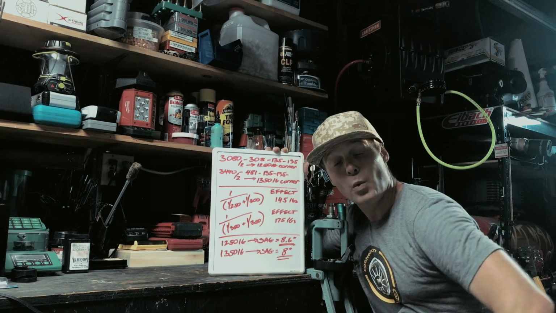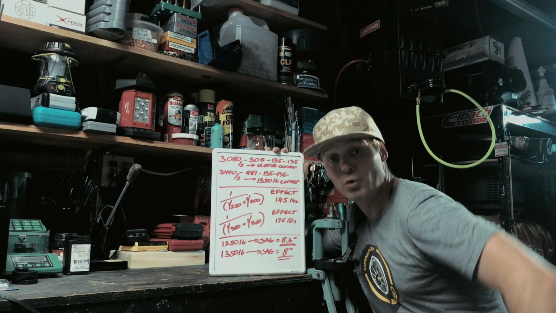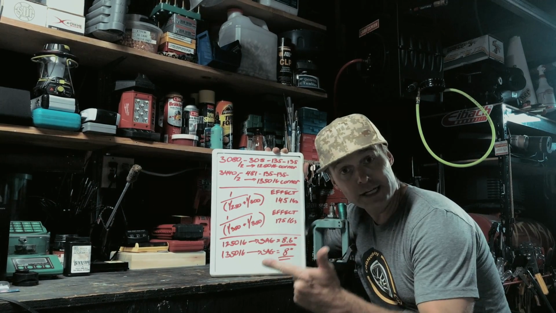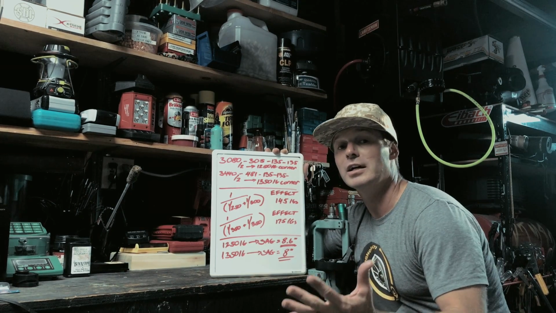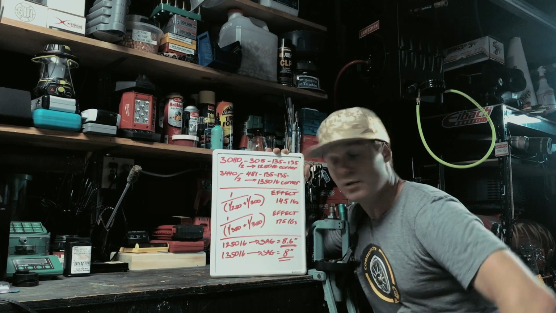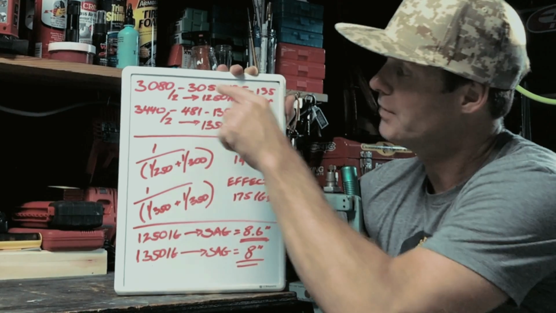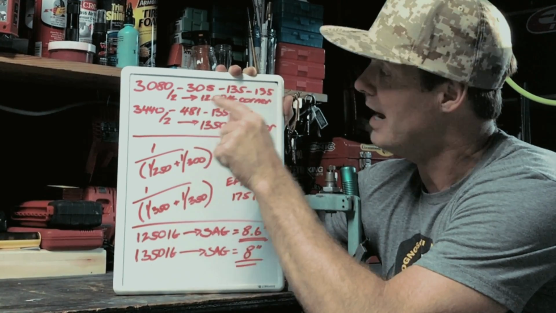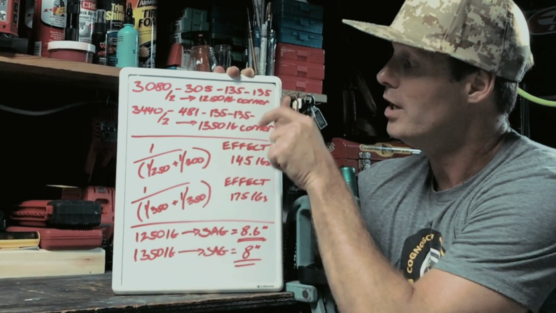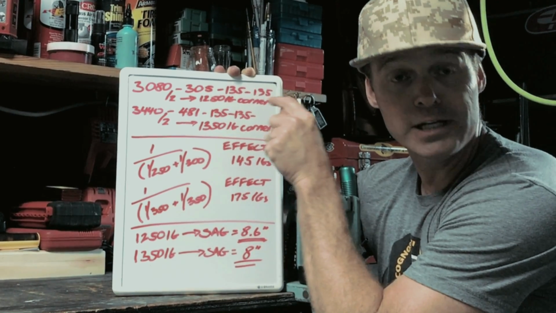After I knew what my truck weighed at each end, I had to subtract out all the unsprung weight. The unsprung weight is going to be my wheels and tires, the brakes, the axle, anything that isn't going to be suspended by the coilover. So after doing all those numbers, I had 3,080 pounds for the front of the truck, minus 305 pounds for the axle, 135 pounds for each of the tires, divided by 2, got me an effective corner weight of 1,250 pounds.